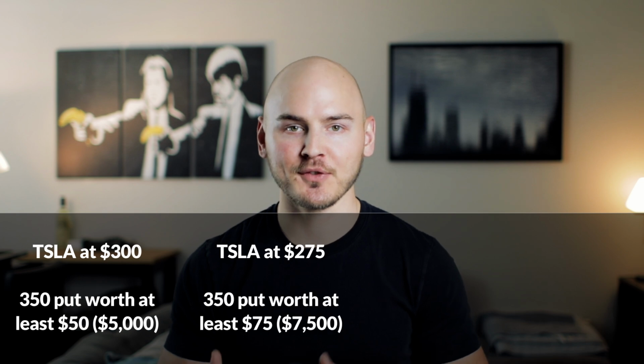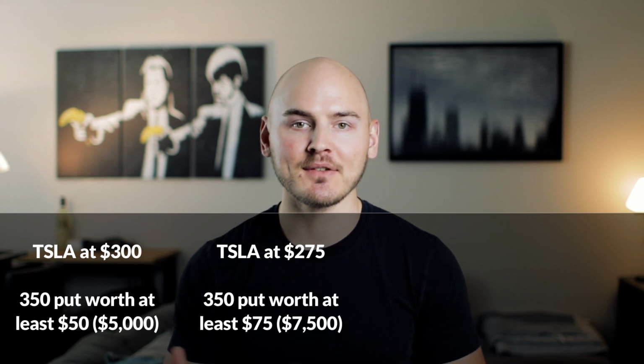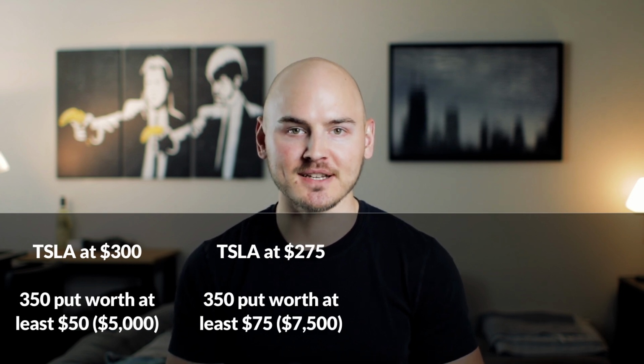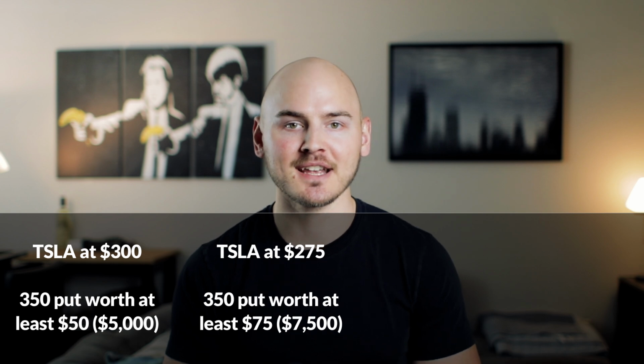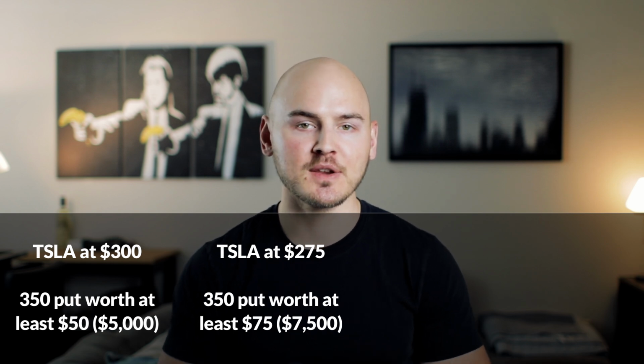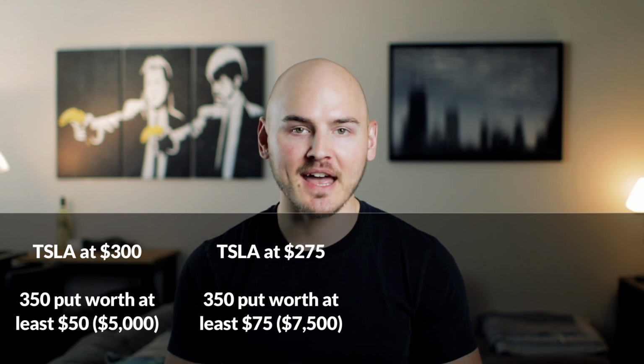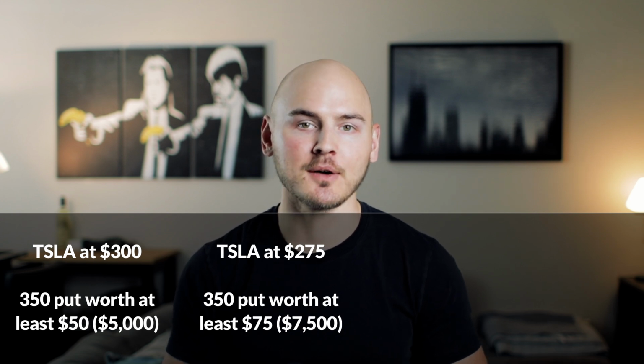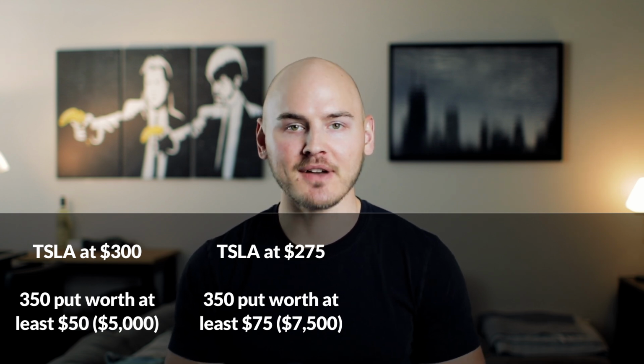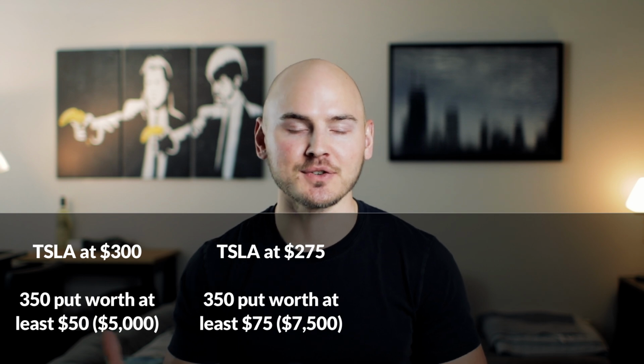If Tesla shares decreased to $275, now the strike price of $350 is $75 above the current share price of $275, and therefore the 350 put option will be worth at least $75, and when we multiply that by the option contract multiplier of 100, we get an option value of $7,500.